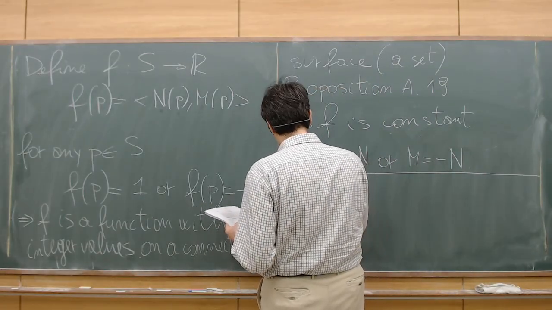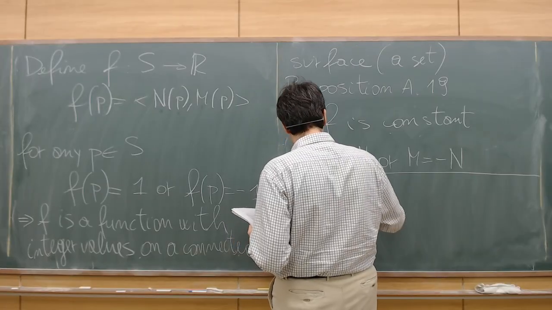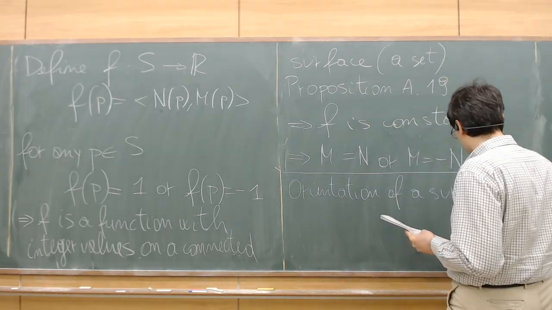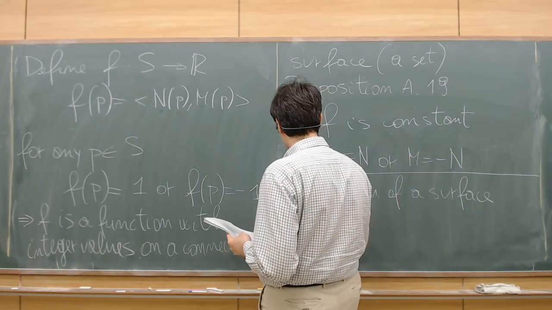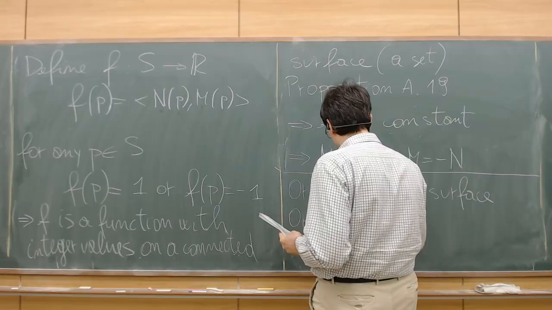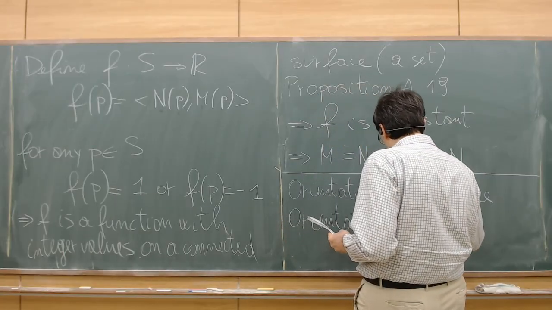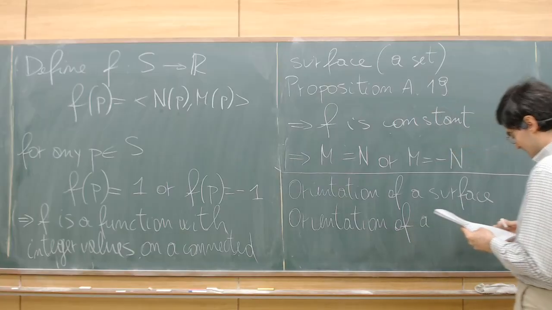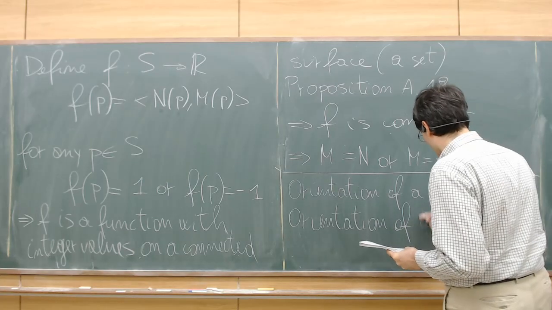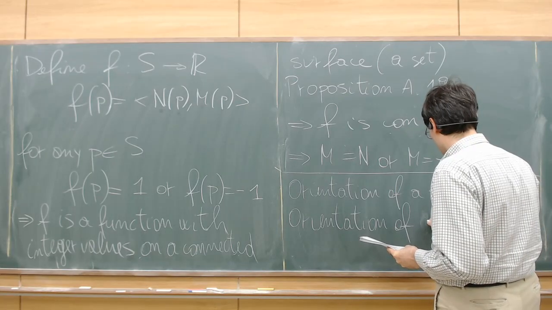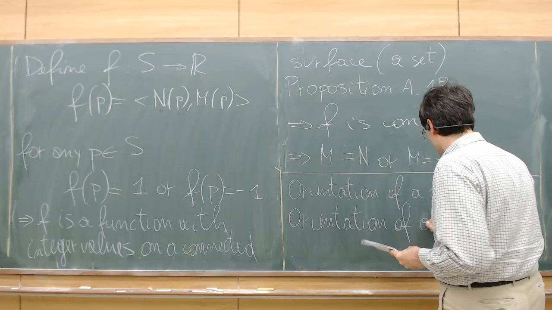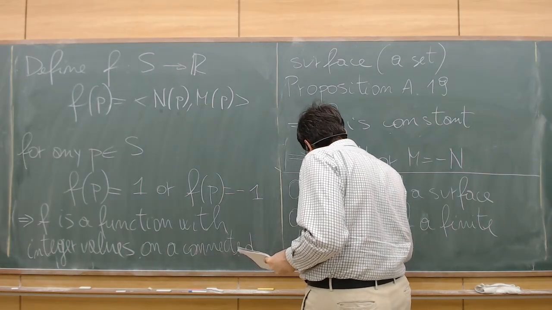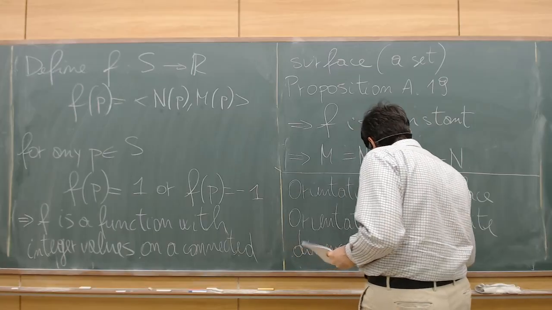We have defined the notion of orientation of a surface, and in the past we gave a definition of orientation of a subspace of a finite dimensional space.